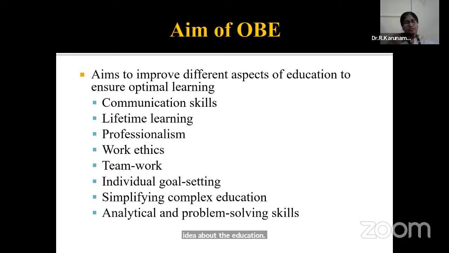The complex idea of education is simplified here in outcome-based education. These are all the ideas which make many of the institutions adopt it. And the main idea is to improve different aspects of education to ensure optimal learning among the student community.